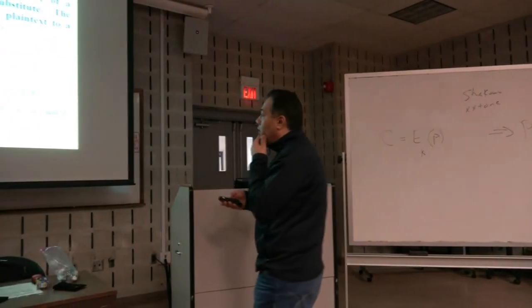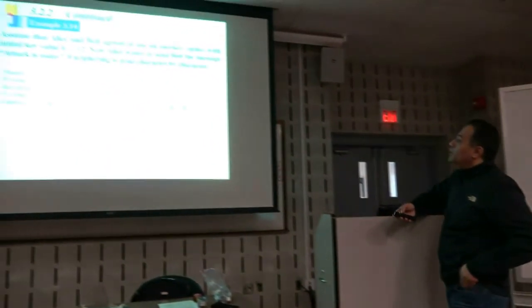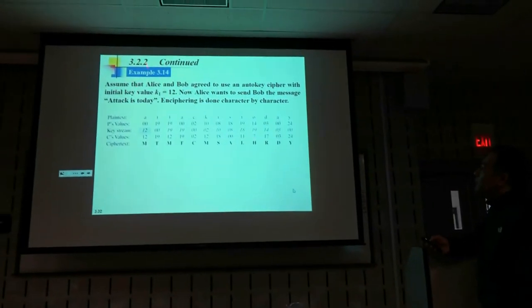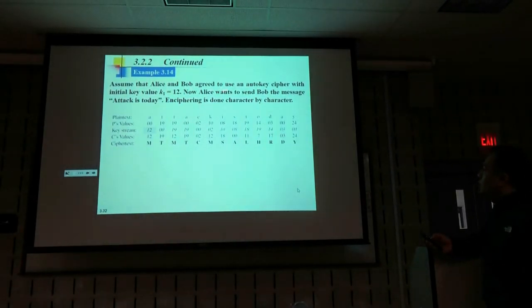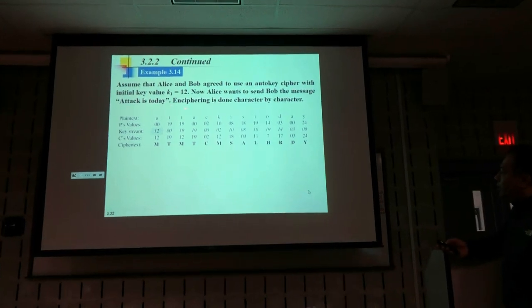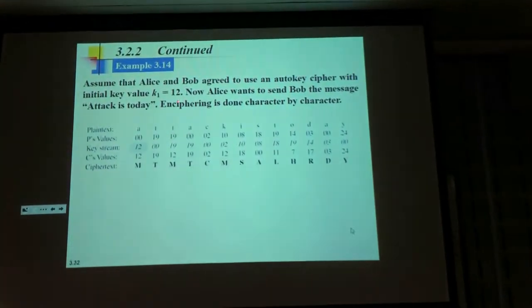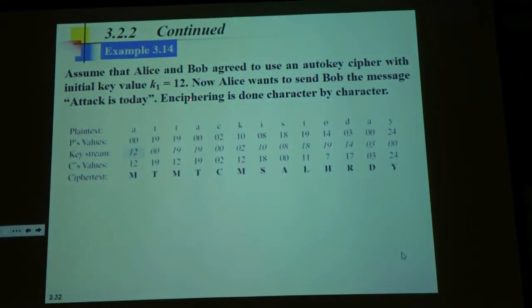All right. So for example, assume that Alice and Bob agree to use an autokey cipher with initial key value 12. Now Alice wants to send Bob the message, attack is today. So there is a shift of 12. The first key is 12.